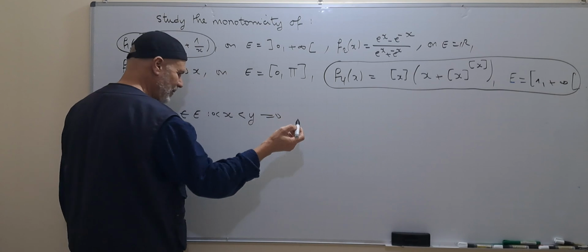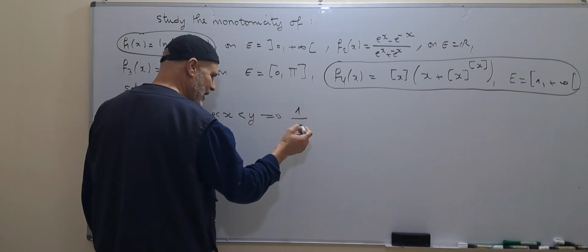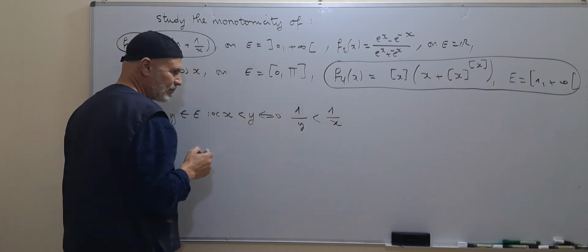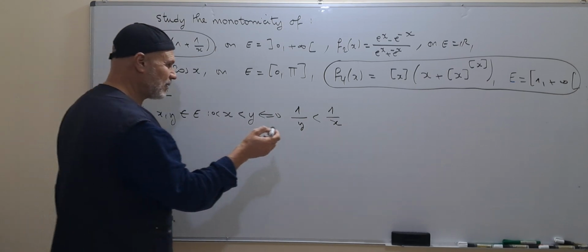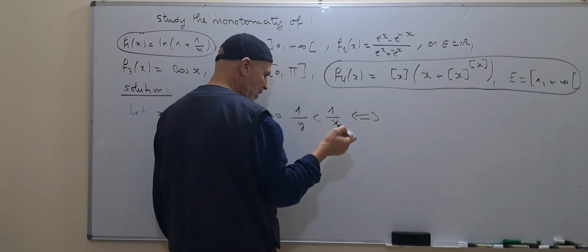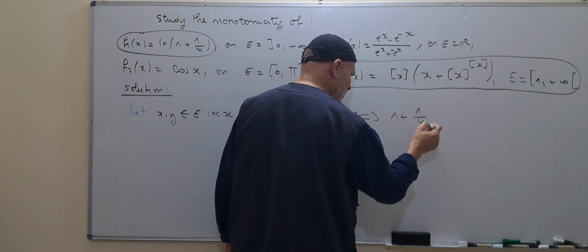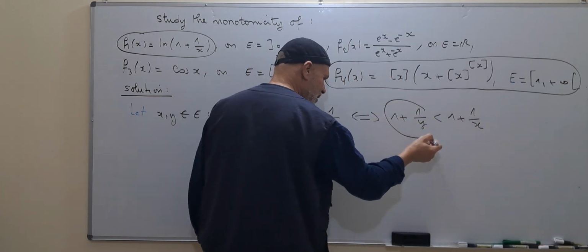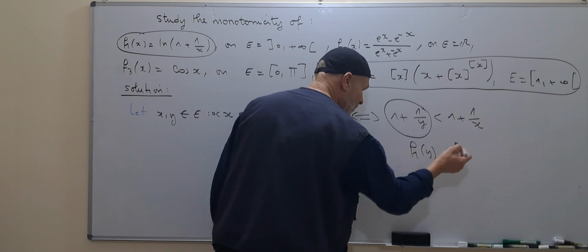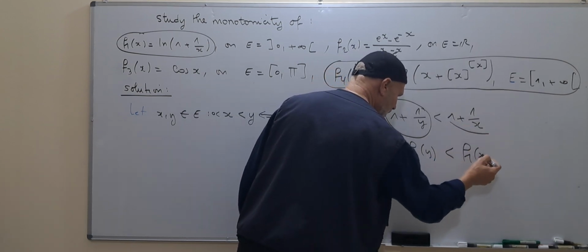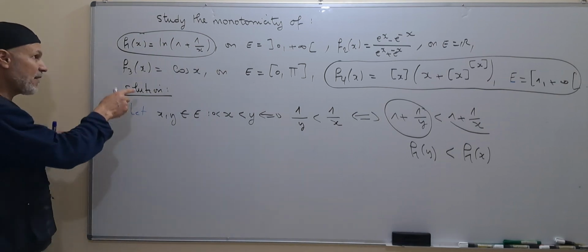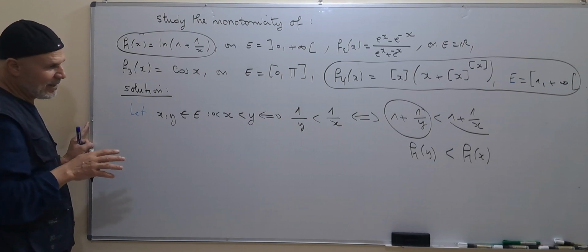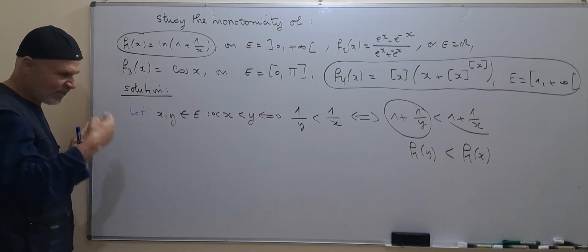This implies that 1 divided by y is less than 1 divided by x, which means if we add 1 to both sides, we get 1 plus 1 divided by y strictly less than 1 plus 1 divided by x. But this is actually f1 of y and this is f1 of x. This means that this function is decreasing, and not non-increasing. It is decreasing, which means strictly decreasing.